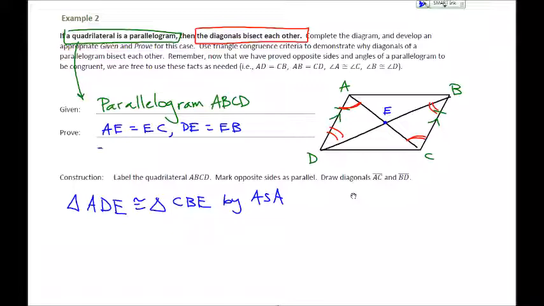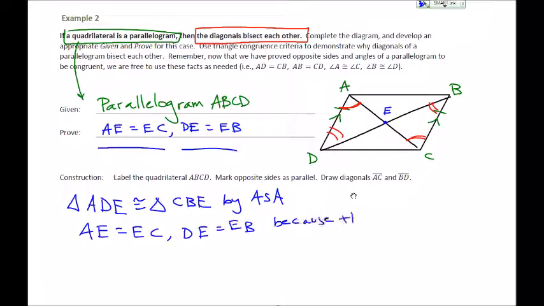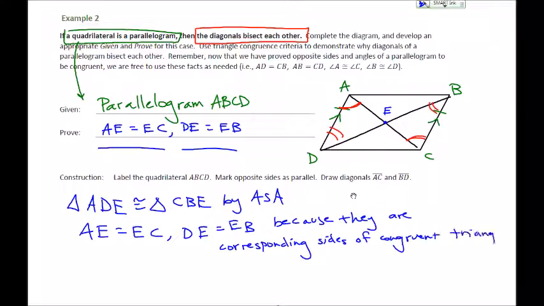Specifically, AE and EC are corresponding sides, and DE and EB are corresponding sides. And that's it. We've proved that the diagonals bisect each other because we've proved that AE and EC are equal and DE and EB are equal.